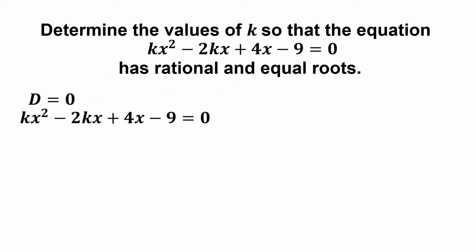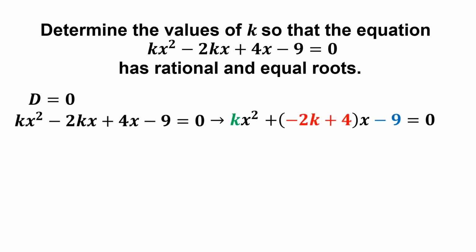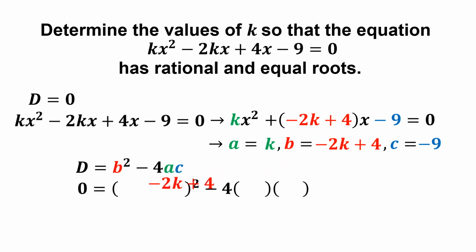Note that the given equation can be written as kx squared plus the quantity negative 2k plus 4 closed quantity x minus 9 is equal to 0. From this equation, let's identify the values of a, b, and c. a is equal to k, b is equal to the quantity negative 2k plus 4, and c is equal to negative 9.